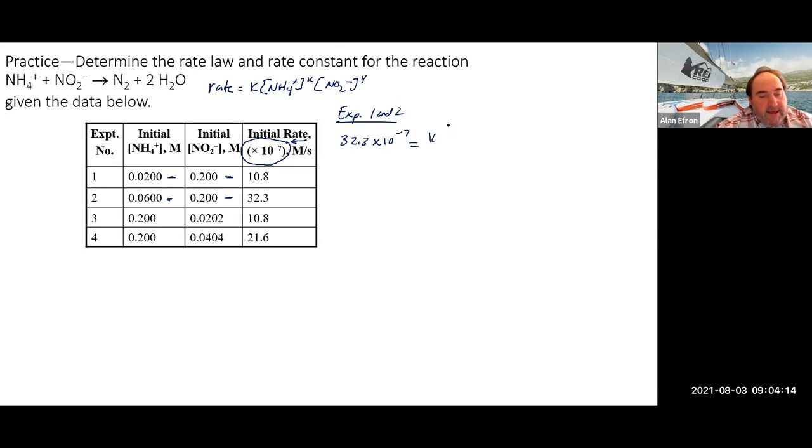This would be k, and again, our 0.06 to the x and our 0.2 to the y. That is all the information from experiment number 2 up on top. Now we put all the information for experiment number 1 on the bottom: 10.8, also times 10 to the minus 7, would be k, 0.02 to the x, 0.2 to the y.